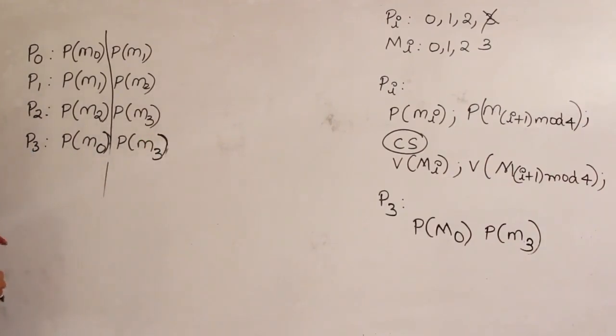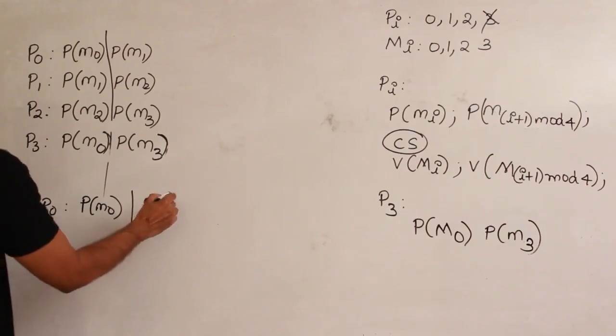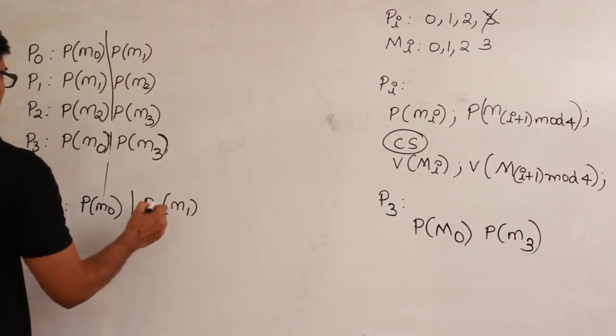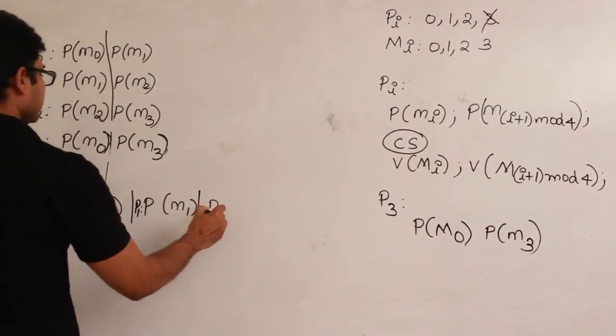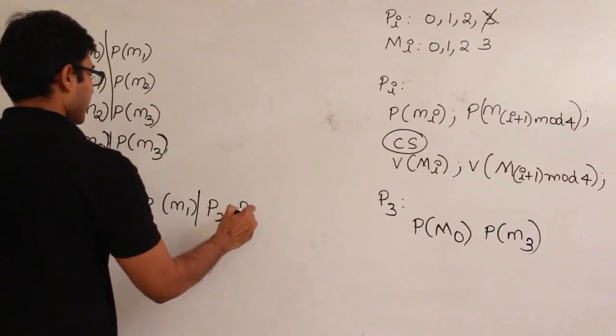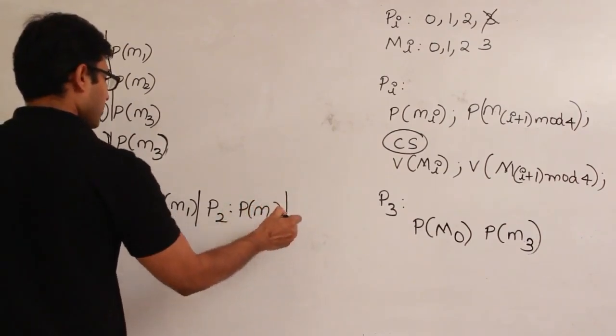Now watch it. Even though these three processes have finished their first line, which means P0 has taken M0, P1 has taken M1, P2 has taken M2, P3 will not take M3 first. Whenever P3 tries to get M0, it will get blocked without holding M3. Say P0 has taken M0 and got preempted, P1 has taken M1 and got preempted, and P2 has taken M2 and got preempted.